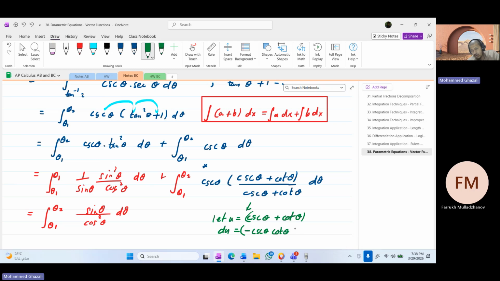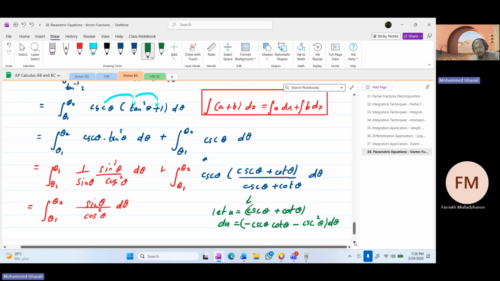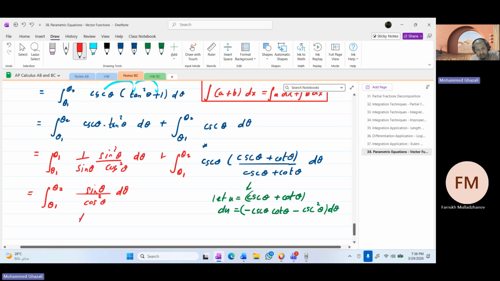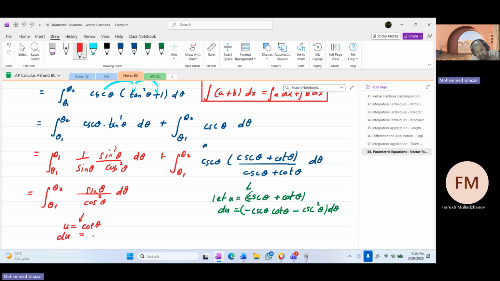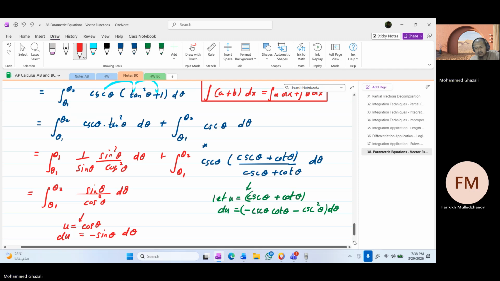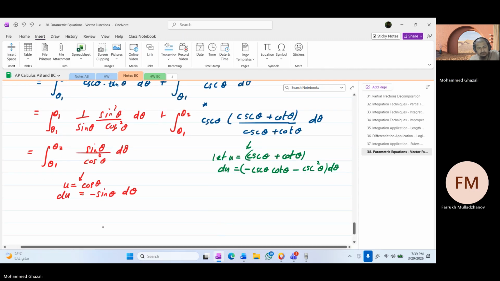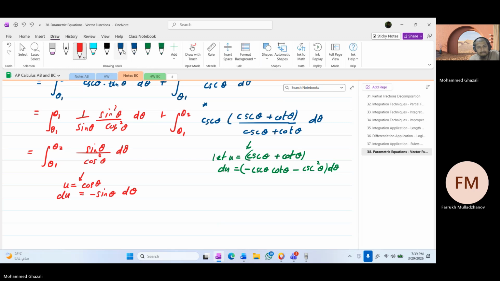And what's the derivative of cot? Negative cosec squared theta d theta. Are we good? And over here, what u substitution do you use? You say let u equal to cos theta. So du is equal to negative sine theta d theta. Okay? Make sense?